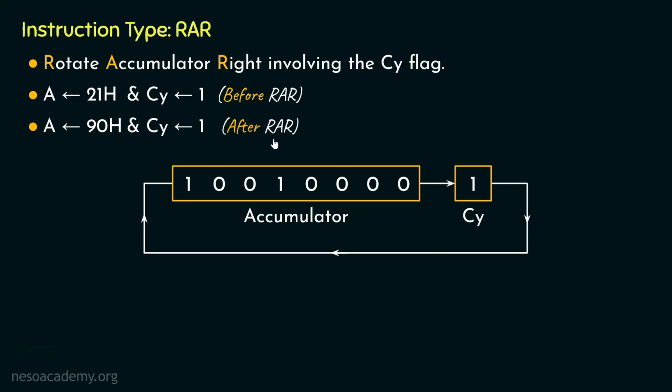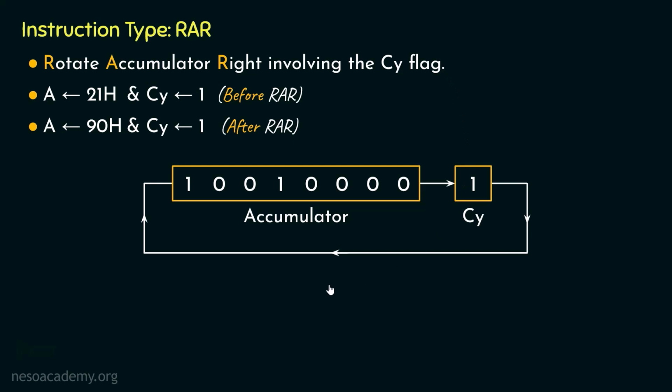And after the execution of RAR within the accumulator, we now have 90, and the content of the carry flag is also the same, and the reason for that is the least significant bit was also 1. However, since we chose the carry flag to be 1, we introduced a new bit as the most significant bit. So this is how, using the instruction type RAR, we can rotate the accumulator's content right involving the carry flag.